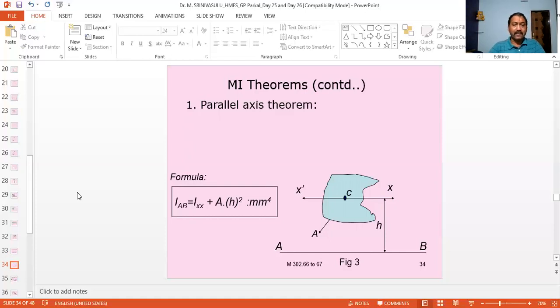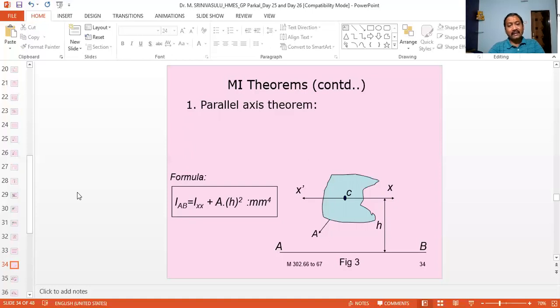So now the moment of inertia about an axis AB which is parallel to its central axis XX is equal to the moment of inertia of that area about its central axis plus area multiplied by the square of the distance between the two axes.